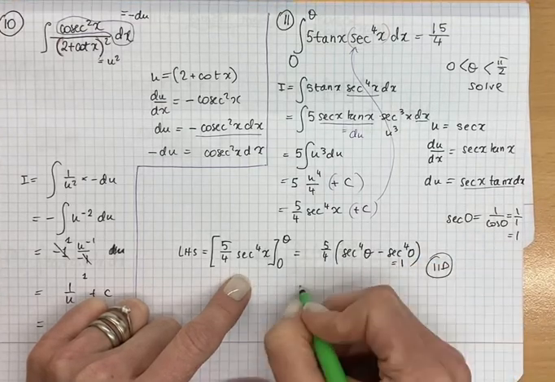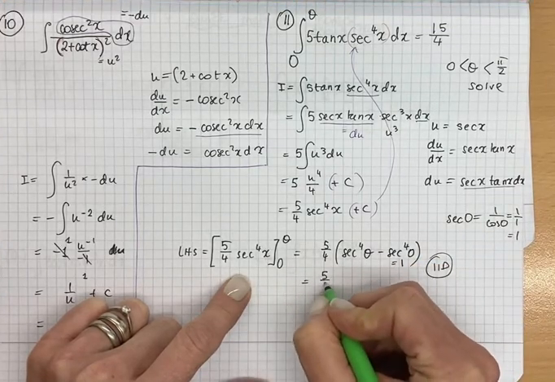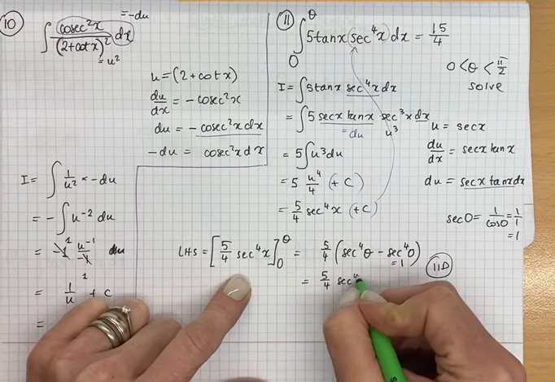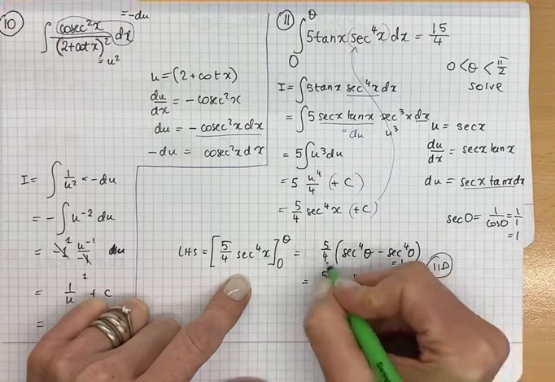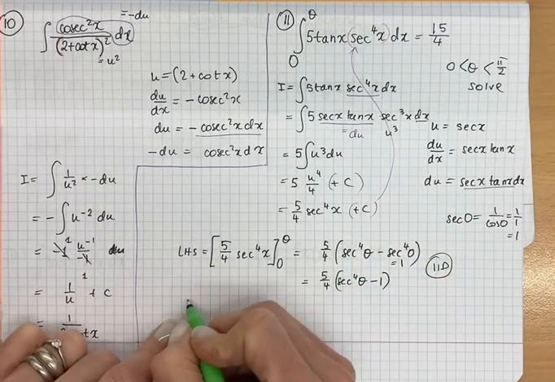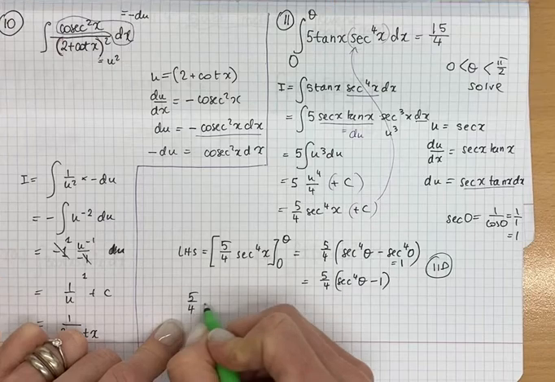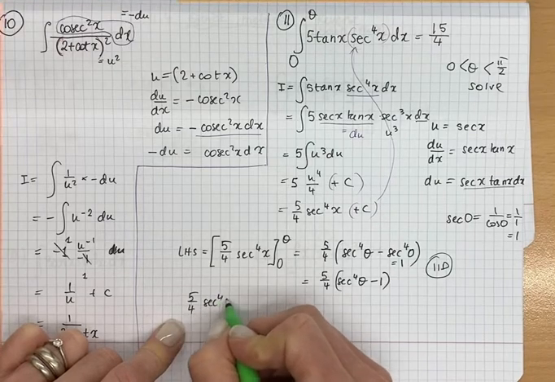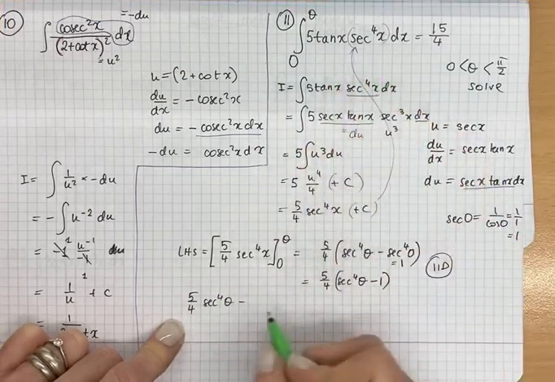And this you have to leave as sec to the power 4 theta minus 1. So that replaces our left-hand side of the equation. So let's substitute that back into this equation.